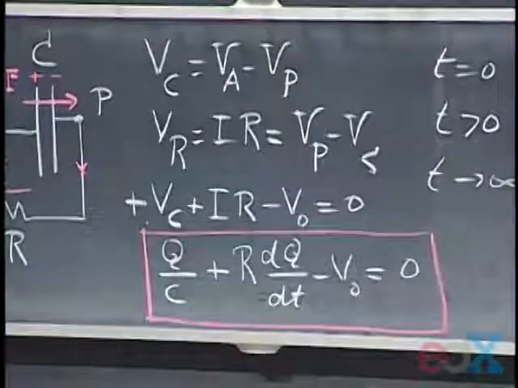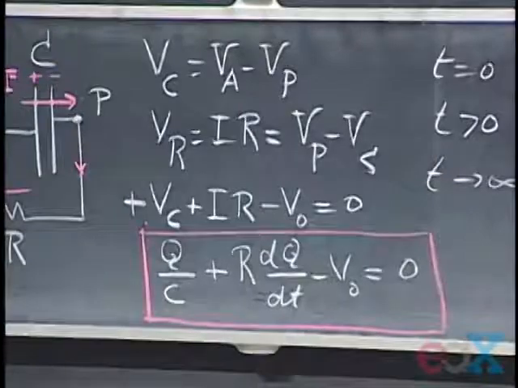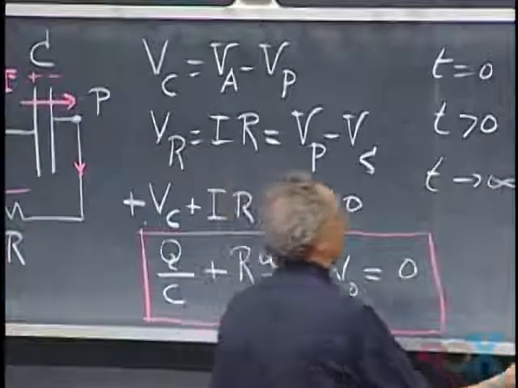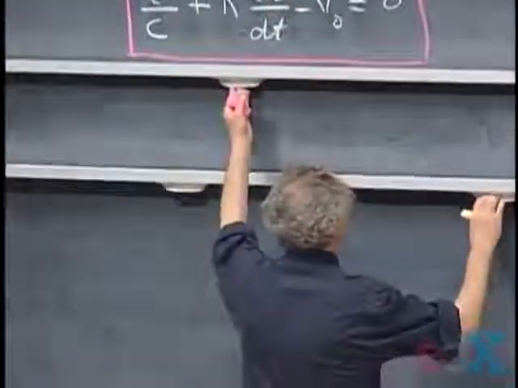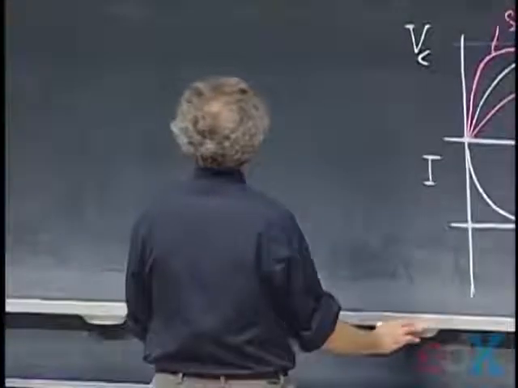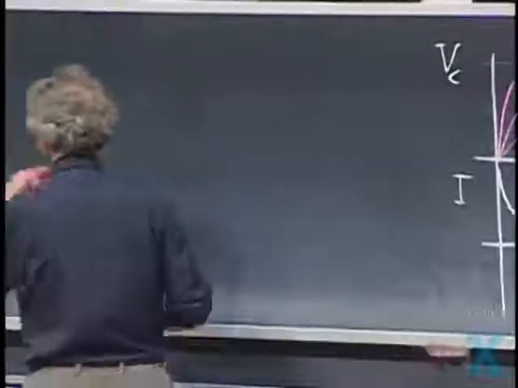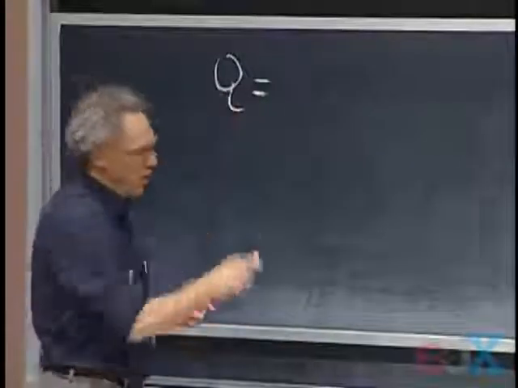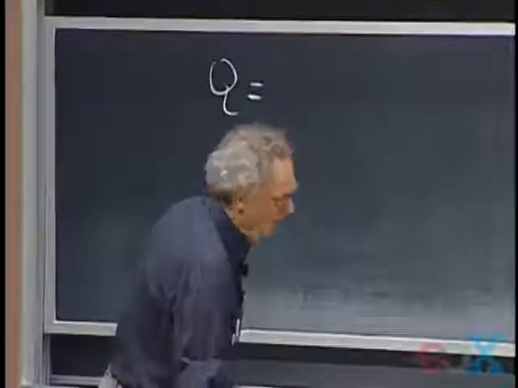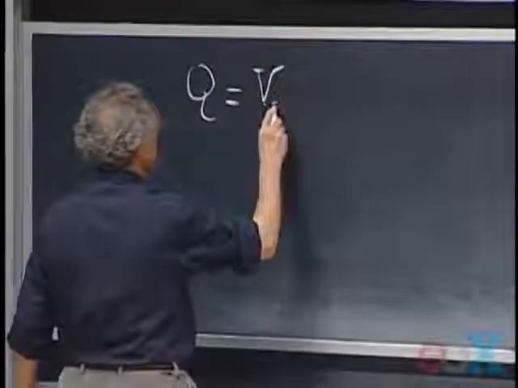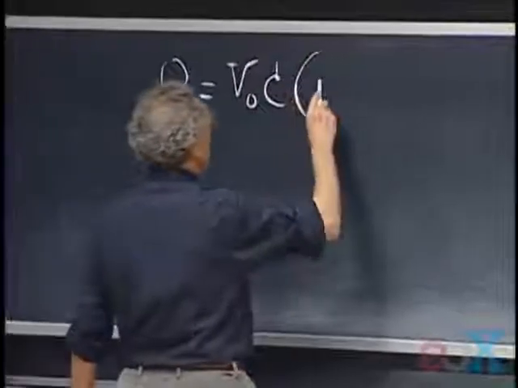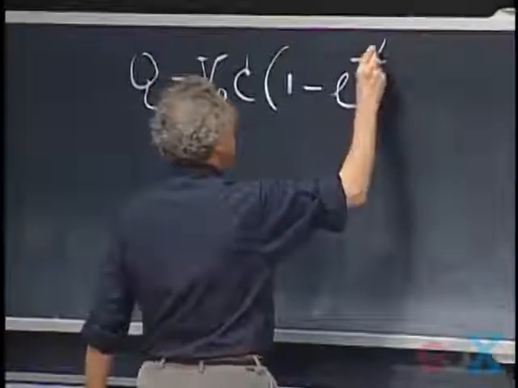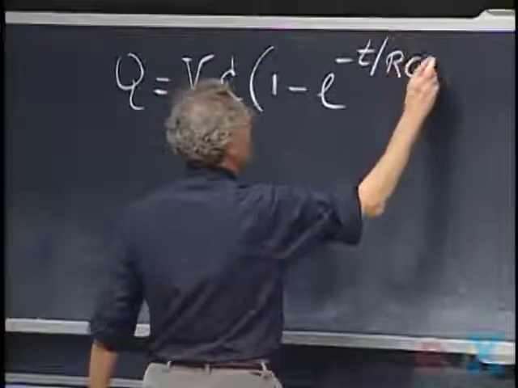And the solution to this differential equation is actually quite simple. I will put it on this board. Q, so this is going to be Q as a function of time, is V0 C times 1 minus e to the minus t over RC.